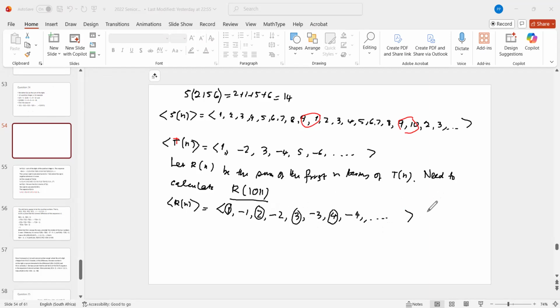In other words, the first term is 1, the third term is 2, the fifth term is 3, the seventh term is 4, and so on. So we can say this is an observation.